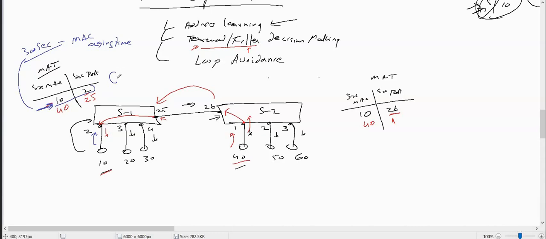Again, I will count down. So as long as there is active communication with this system, I will continue to maintain this in my MAC address table. But if for 300 idle seconds, that means 5 minutes, no frames are coming from this system, I will remove that entry from my MAC address table. It's only a temporary cache. Are we clear with this?